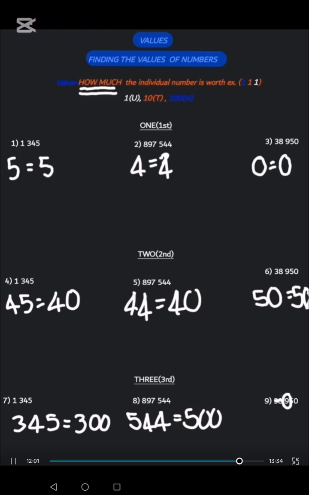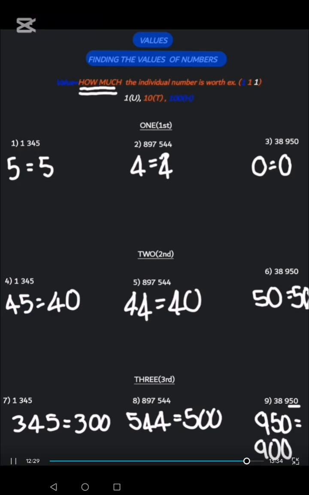So the value is 9, and that tells us that 9 is in the 100 position. Then we look at the other numbers on the right hand side of 9 and we want to change them into zeros. So that means 950 is going to equal 900.